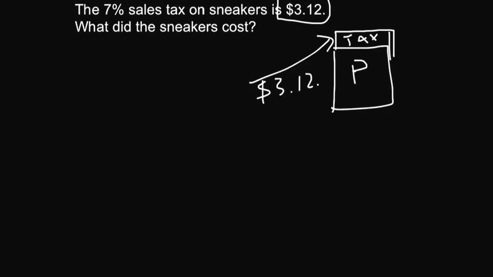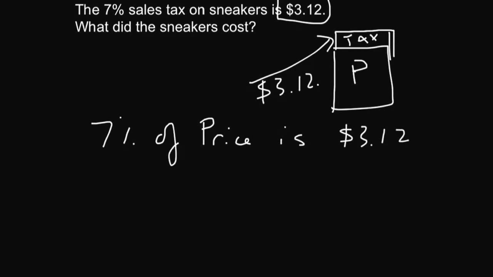Well, how are you going to do that? You simply need to go back to that first equation we were talking about, percent of is. You're saying 7% of the retail price is $3.12. So what do you not know? This is what you don't know.